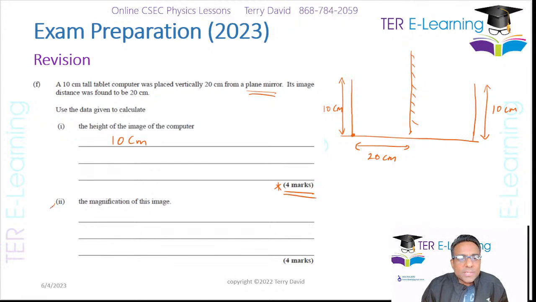What about part 2 as well? 4 marks for this. What do they want here? They want to know the magnification of this image. They told you the image distance is 20 cm as well.